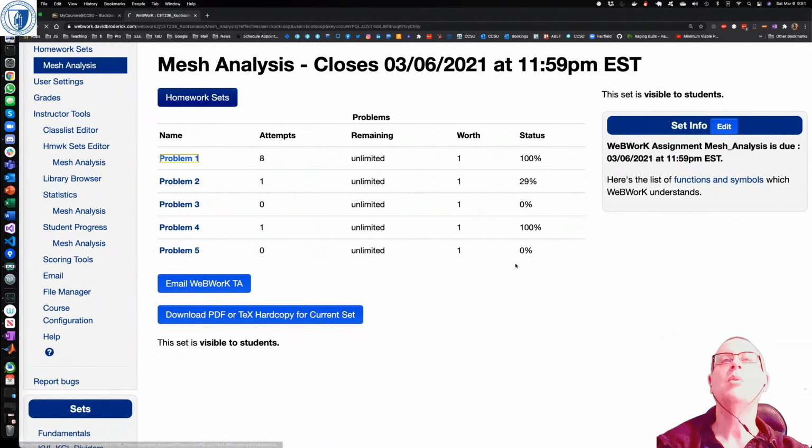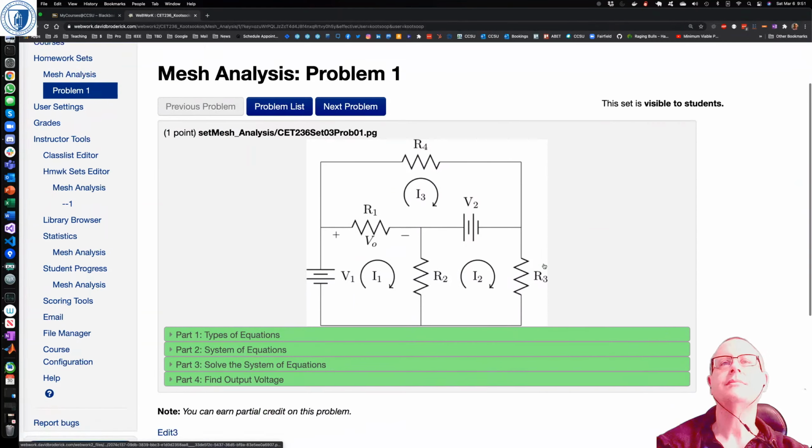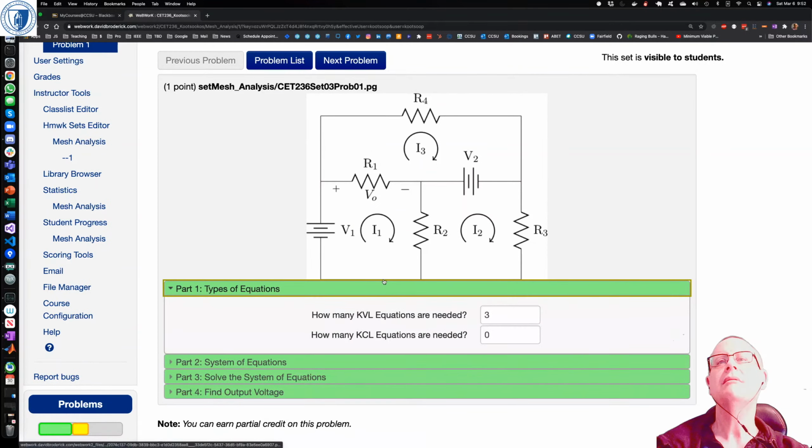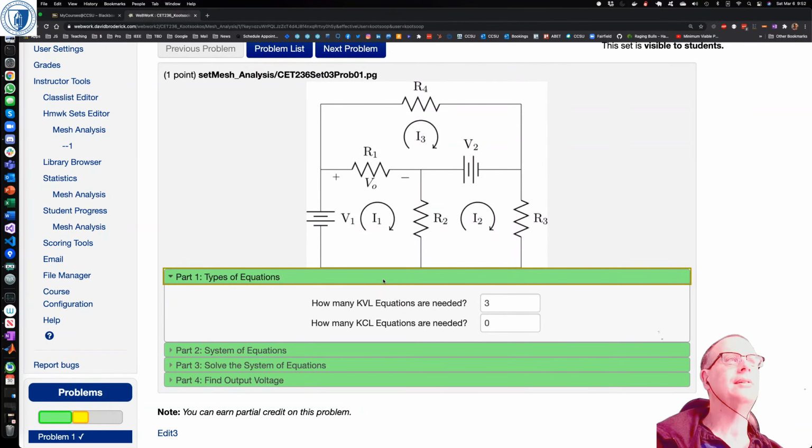Okay, so problem 1. There's nothing fishy about this one, right? So it's a standard mesh analysis problem. So we have 3 KVL equations. There's no current sources, so we don't have to deal with super meshes at all. We don't get any freebies either.